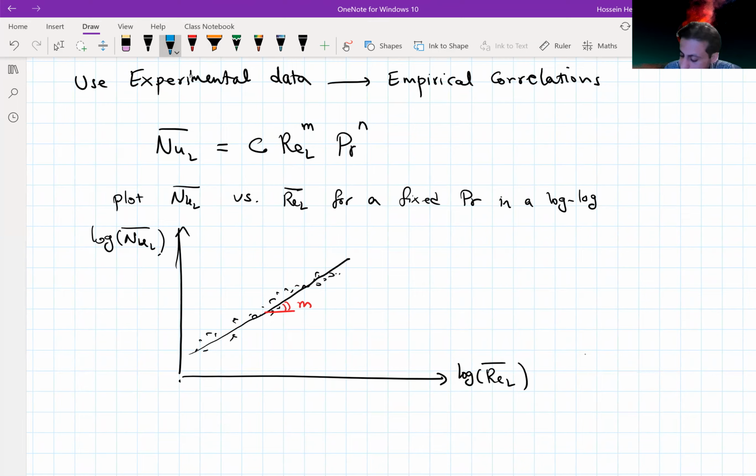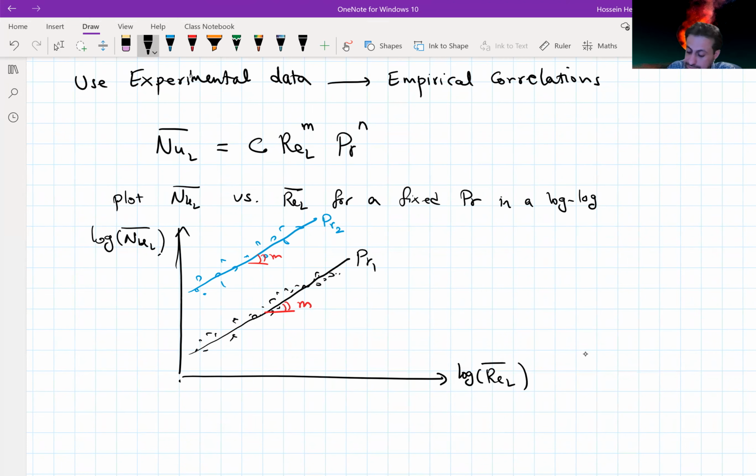And if we do another set of experiments with a different Prandtl number, then the fitting would again be another straight line. The slope is going to be m. So this is for one Prandtl number, this is for another Prandtl number, and we can repeat that.